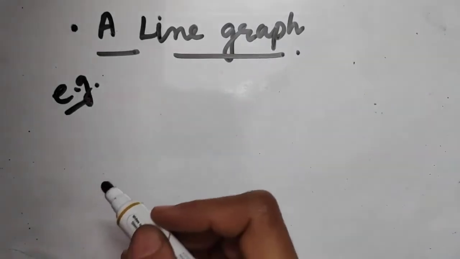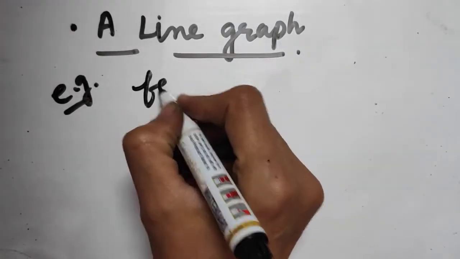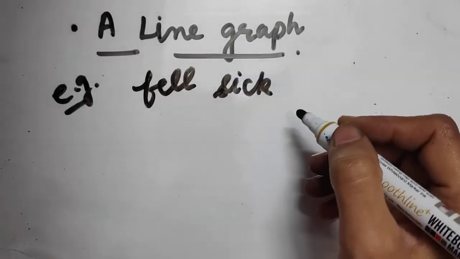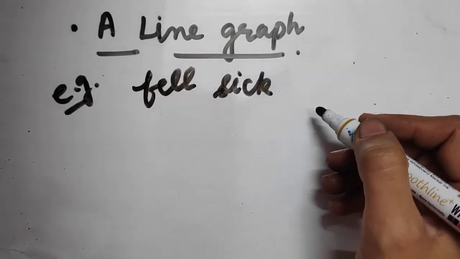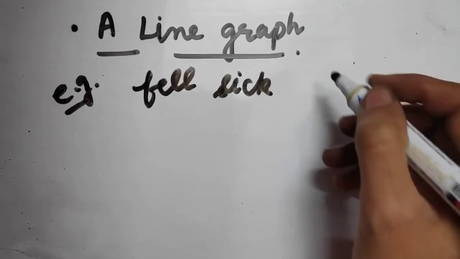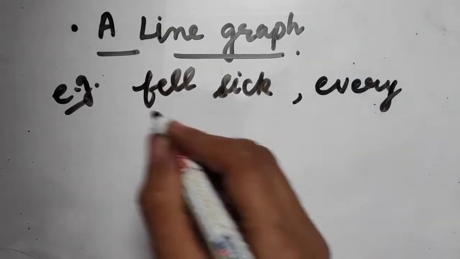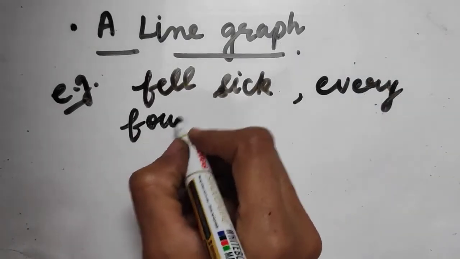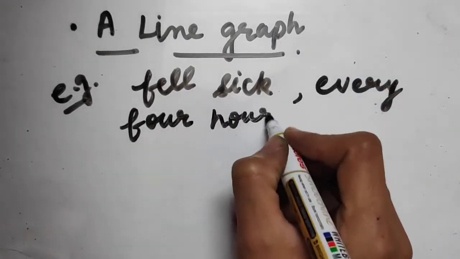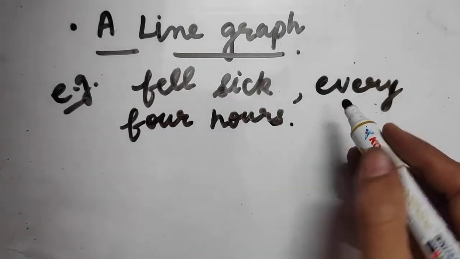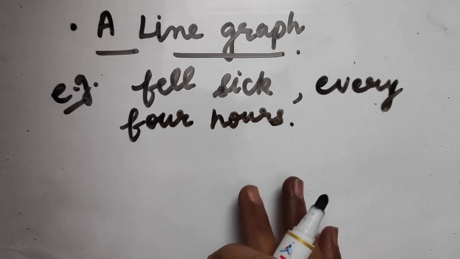Suppose one of the girls fell sick and her doctor maintained a record of her body temperature taken every 4 hours. Now I will be making a graph for this. Firstly, I can make a table.